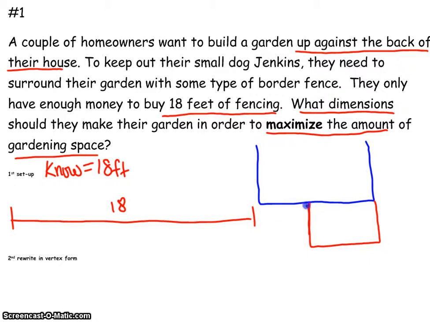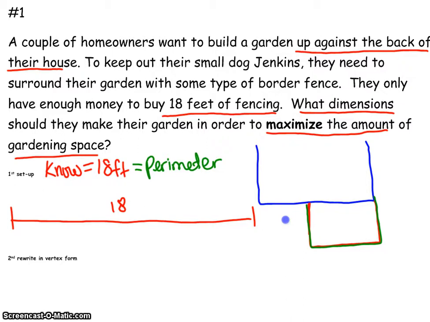What is it called when you have the border in geometry? The perimeter. So all you know is that the perimeter is 18 feet. Nothing else. You don't know anything about the dimensions.